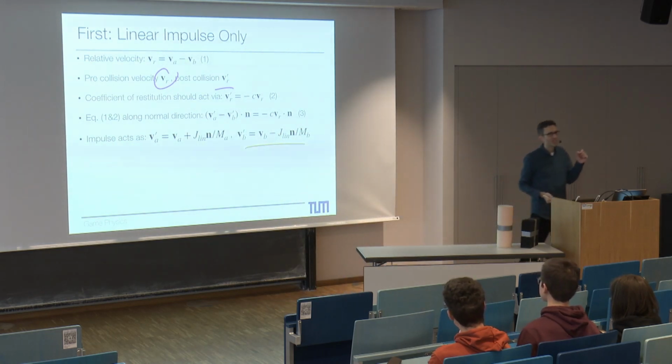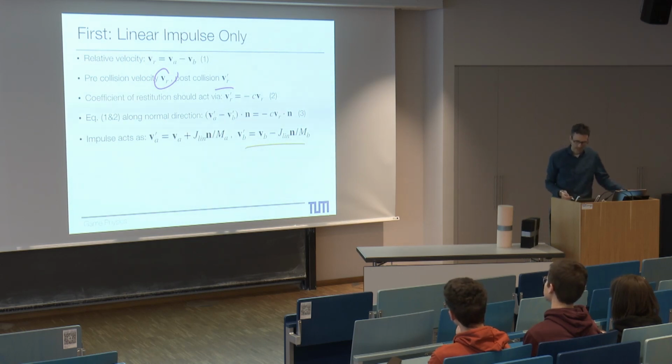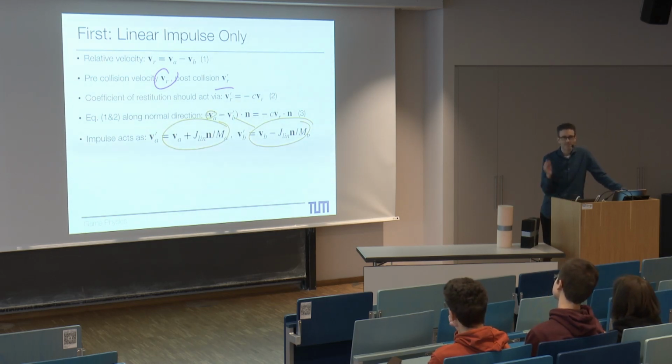So we're still looking for how we actually need to compute j. This is our task here, and we know the relationship in equation 3 holds. So basically what we do now is we take this part, insert it, this part, insert it into A here, and then resolve for j. In a way, that's all.